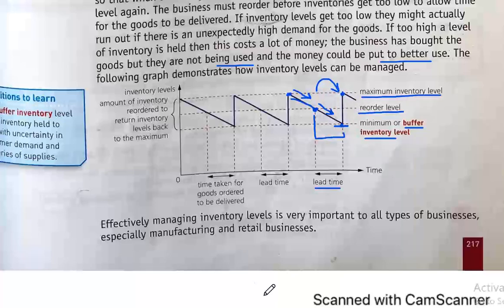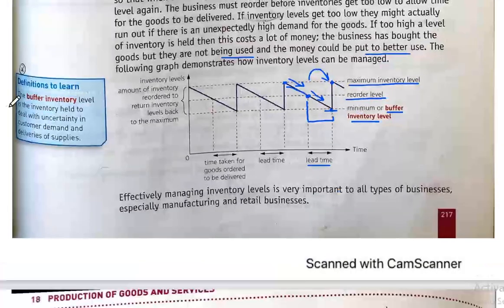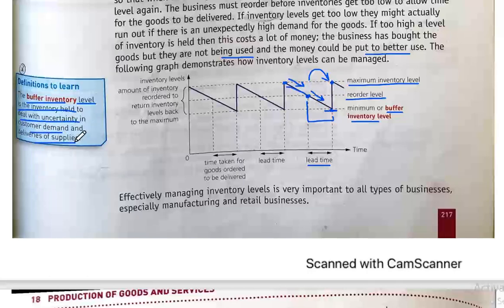So what is meant by the minimum inventory or the buffer inventory is the inventory held to deal with uncertainty in customer demand and deliveries of supplies. As a manufacturing business, I must not reach the minimum or buffer inventory level.